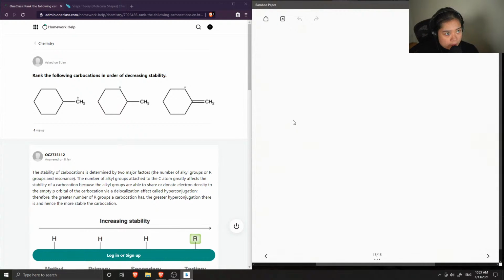Okay, so question number 5 says to rank the following carbocations in order of decreasing stability. So a carbocation, everyone pronounces it differently, but pretty much this is a positively charged carbon.